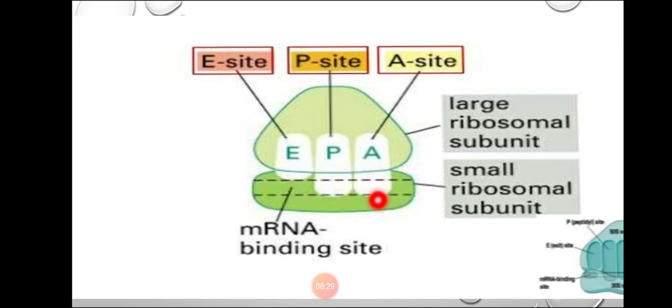You have to remember this point because we are going to study the process of protein synthesis, and there we are going to see how this enters. So the first amino acid complex enters at the P site, and then all the others enter at the A site.